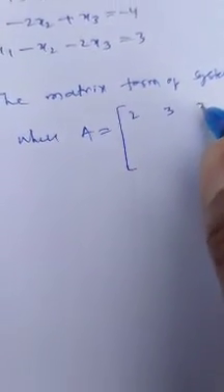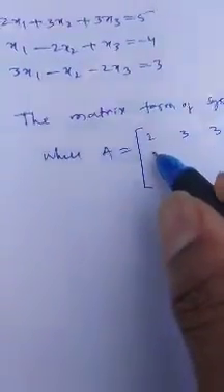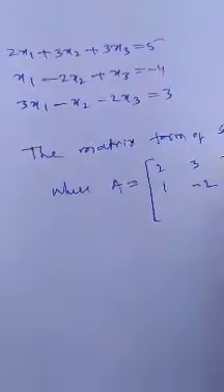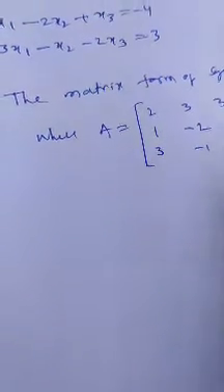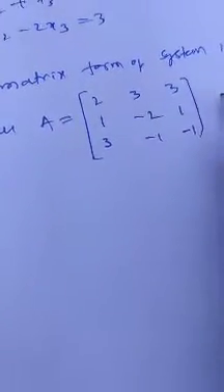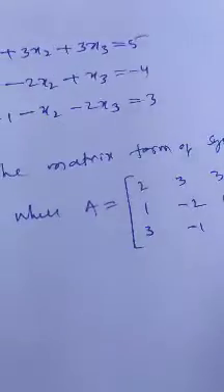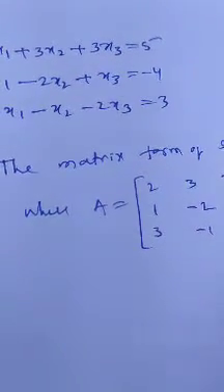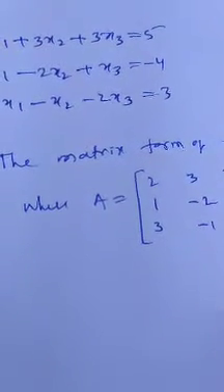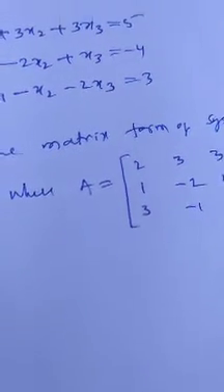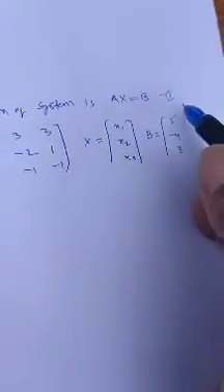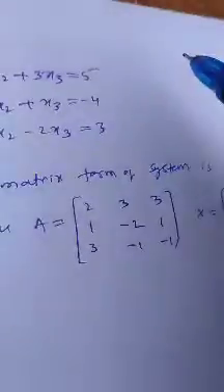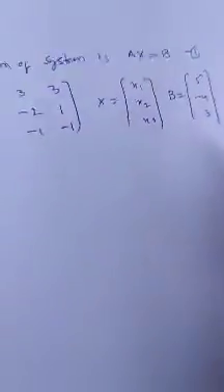From the second equation coefficients are 1, minus 2, 1. From the third equation 3, minus 1, minus 1. The variable matrix is capital X. Here variables are x1, x2, x3. 3 variables are available, and the constant matrix is 5, minus 4, 3. These constants I am taking in B.